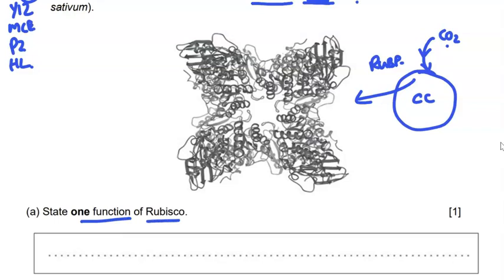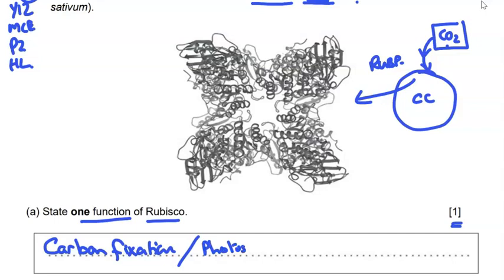So, the classic statement of the function of Rubisco would be to say carbon fixation. That would definitely attract the mark. It's only one mark here. You might find that if you word your answer correctly and you state photosynthesis, you would need to go a little bit further with that and link that to some aspect of carbon dioxide.